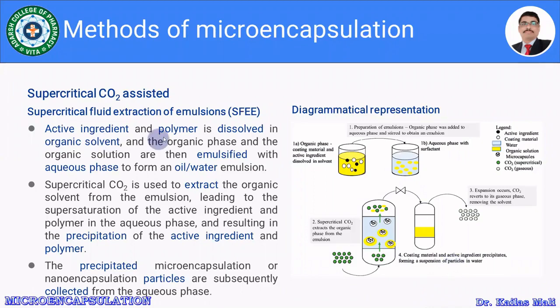The active ingredient and polymer are dissolved in an organic solvent, and the organic solution is then emulsified with the aqueous phase to form an O/W type of emulsion. Here the supercritical carbon dioxide is used to extract the organic solvent from the emulsion, leading to supersaturation of the active ingredient and polymer in the aqueous phase and resulting in their precipitation.